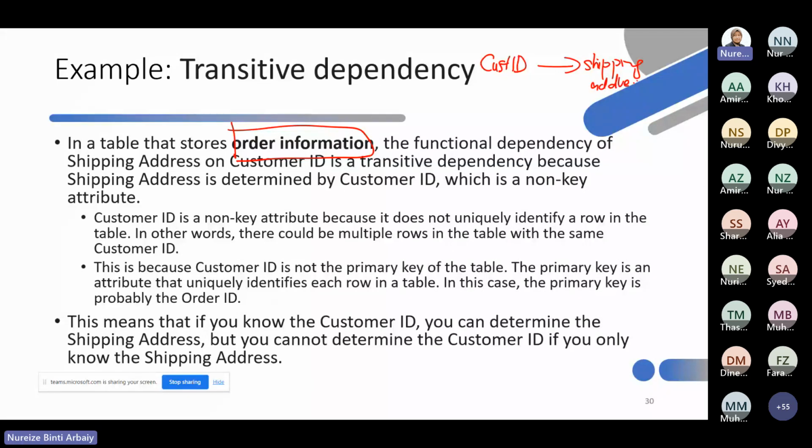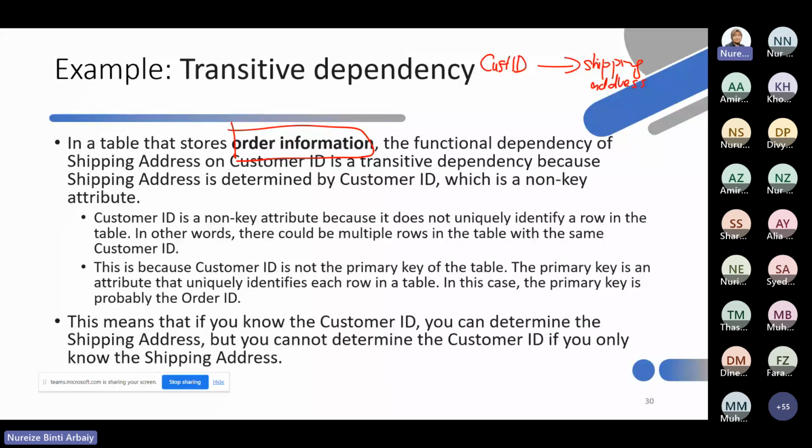Logically, you can say that customer ID can be used to identify the shipping address because customer ID is always a primary key, but not in this situation. If you look carefully, customer ID and shipping address are something different.